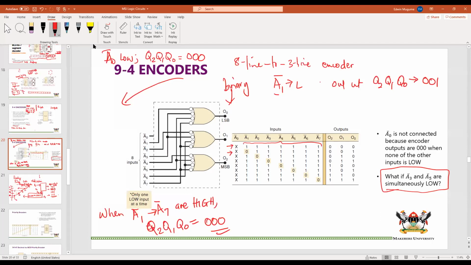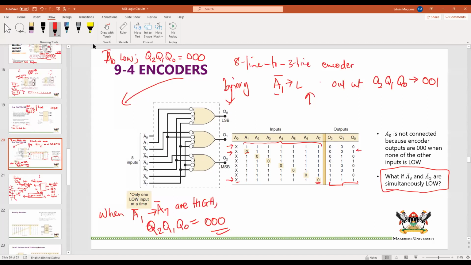Right, as we can see, when A1 is 0, we get that which we already saw up here. When it is A2, then all the others need to be high and so on and so forth. If you go to the case of A7 being 0, all the others are high. With A0, we really don't care because it is unconnected. We can see that we are going to encode A7 as 1, 1, 1.